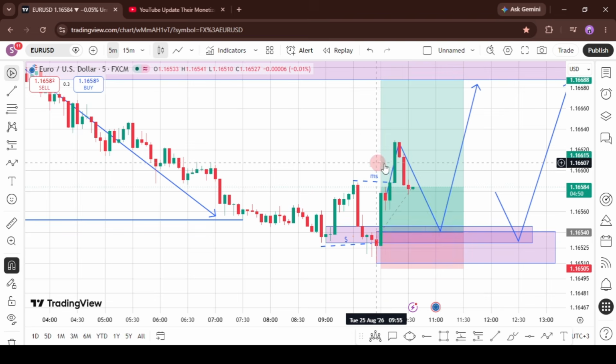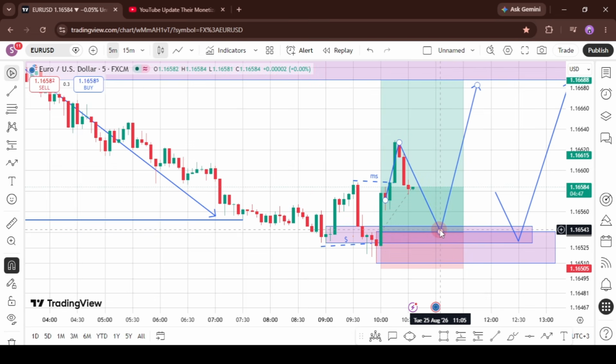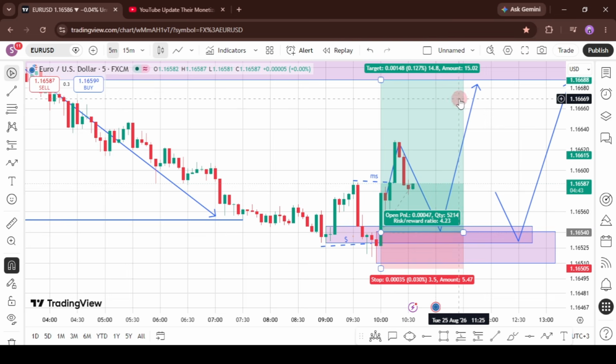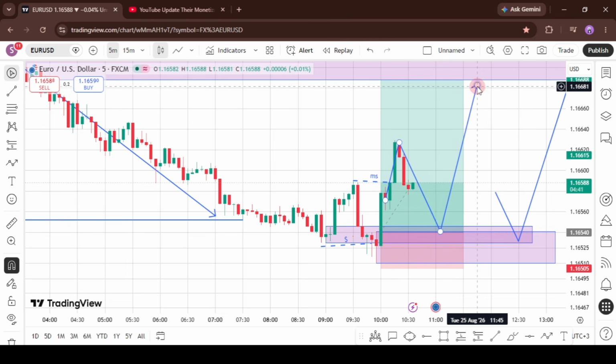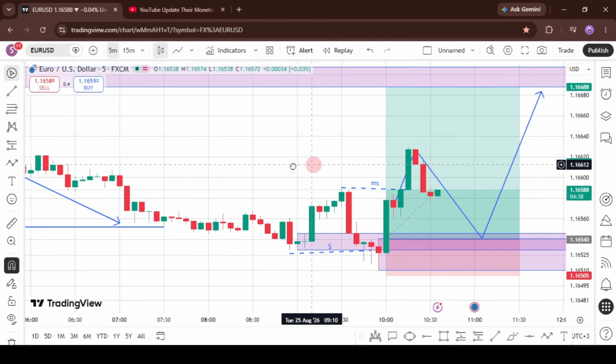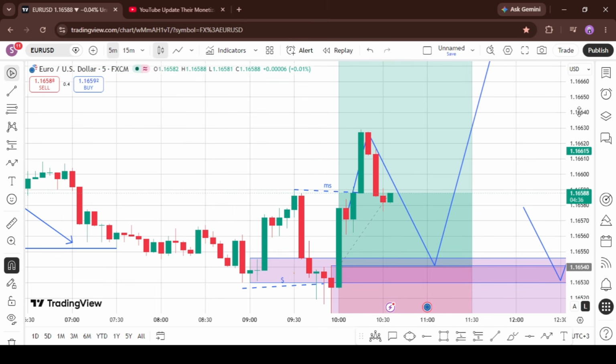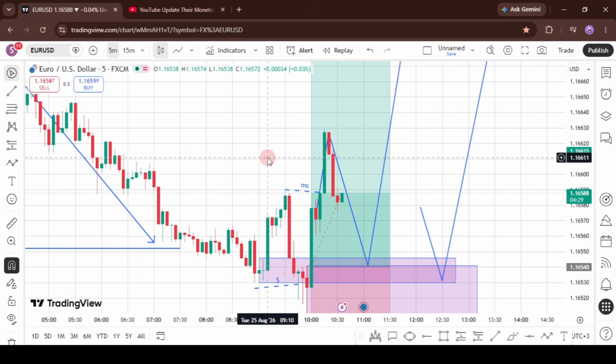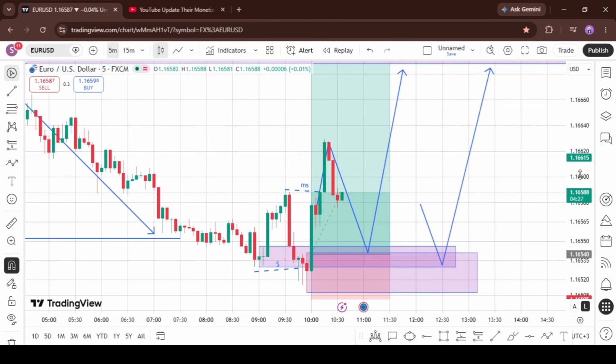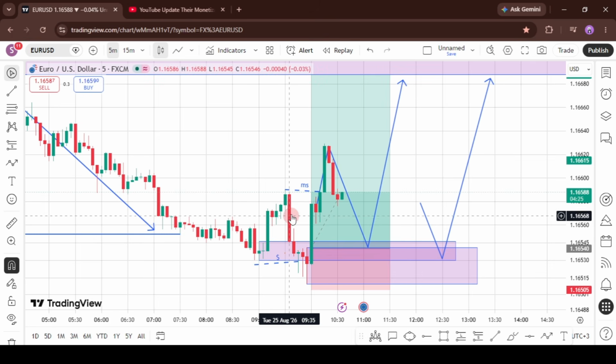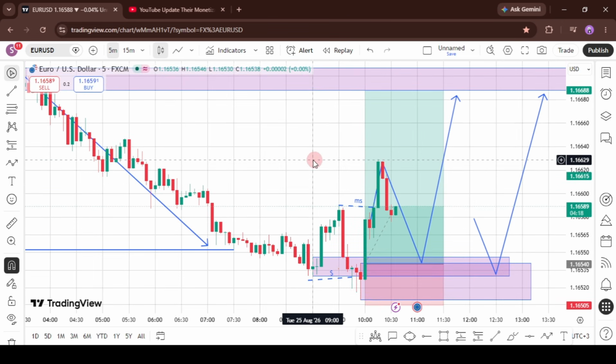So we anticipate a mini pullback to happen, maybe to this area, then still continue going to the upper side, because now we have our market shift at this area. We have our market shift here to indicate that the pullback is on, to indicate that the buyers have taken control. For the meantime, they have taken the control.